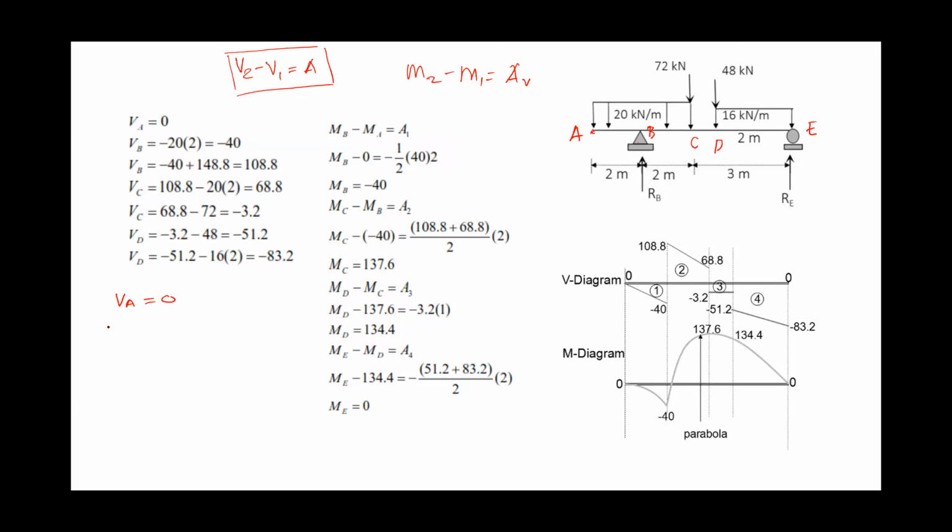Pwede mong isulat na VB minus VA is equal to the area nung A to B. Ang area ng A to B is ito. So, this is 0. So, ang VB natin is equal to, area na to is 20 times 2.